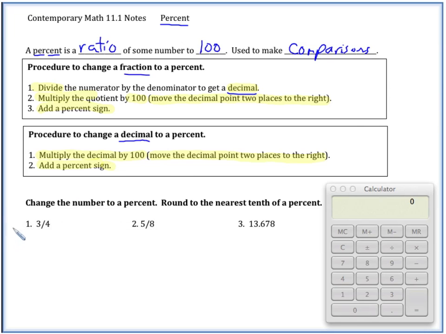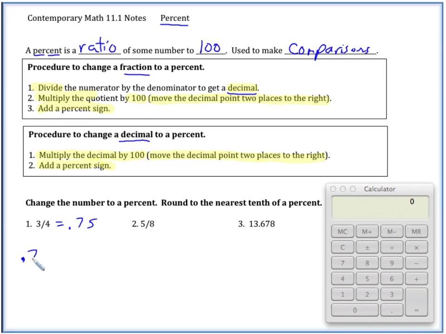So this first one here, it says change the number to a percent, round to the nearest tenth of a percent. So here we have a fraction. So we want to divide the numerator by the denominator to get a decimal. Well, this one we can do in our head probably. 3/4 equals 0.75. Now next we want to multiply the quotient by 100.